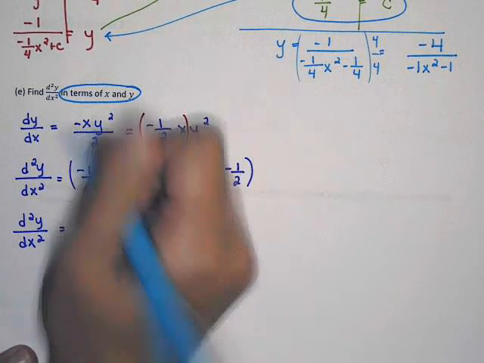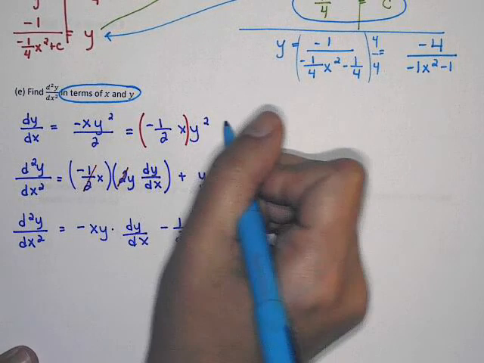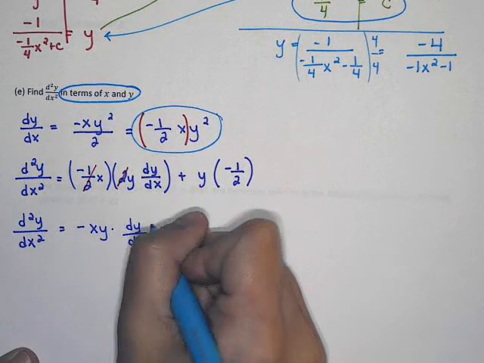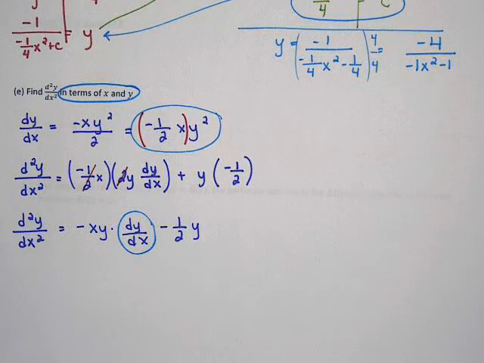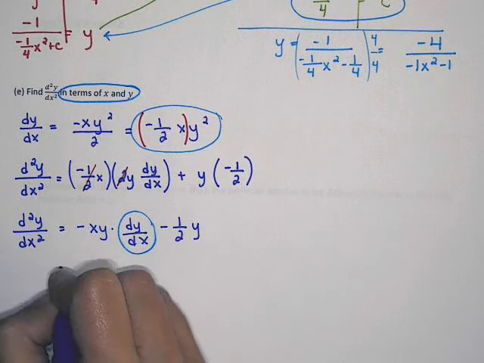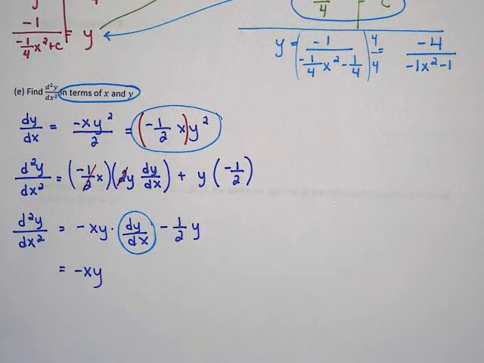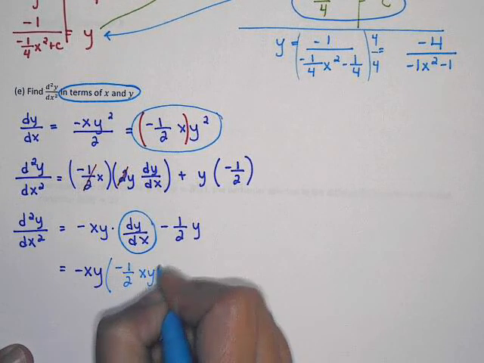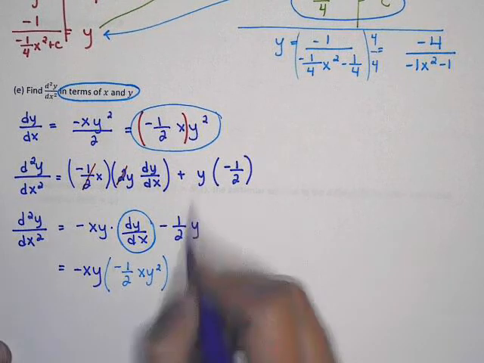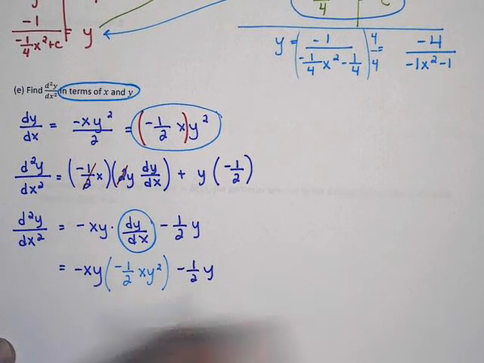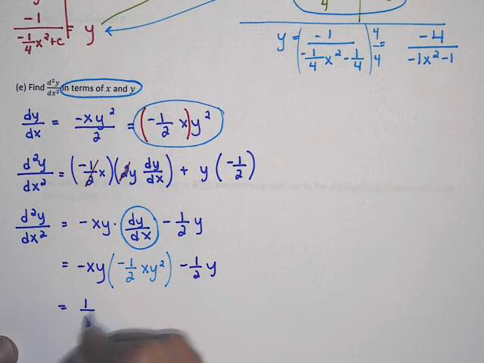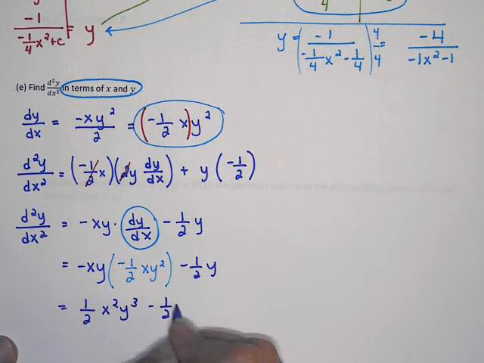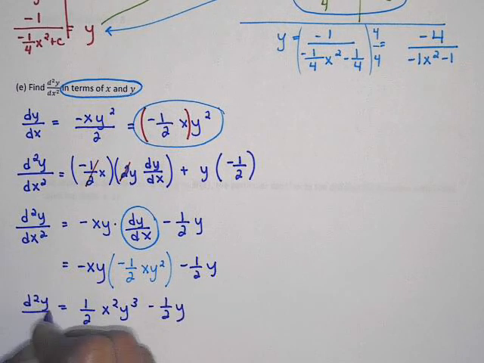So what we're going to do is take this function, which was dy dx, and we're going to substitute it, which means we're going to have negative xy times negative 1/2 xy squared minus 1/2 y. Now if I simplify that, I get positive 1/2 x squared y cubed minus 1/2 y, and that would be my second derivative.